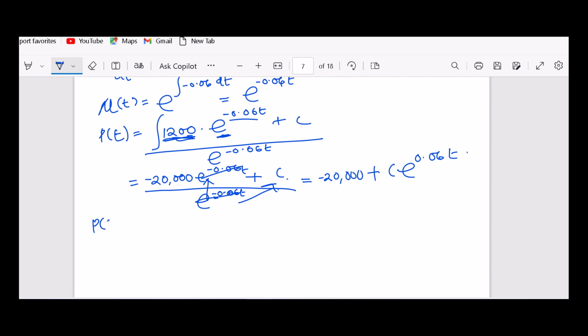So our P of t equals negative 20,000 plus c e to the power 0.06t.